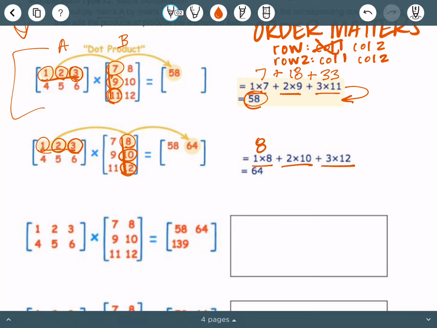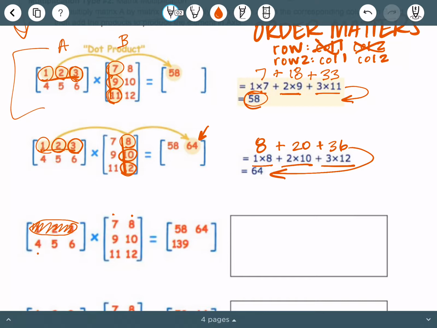So 1 times 8 is 8, 2 times 10 is 20, 3 times 12 is 36. Add those together, and we get 64. That becomes the second part there. All right, so that was that one. We know that we've done this row here with the first column and the second column, so we know that we're done with that row basically.